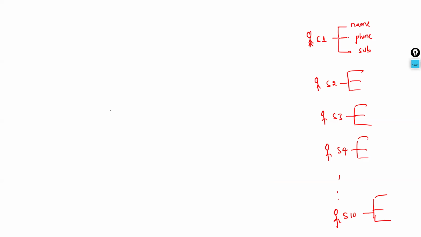First step, for example, to store the first student's name, what will you do? String, variable name itself. Name of the first student, so name1 equals, assume some name, say Mohan. Then phone number, how do you store it? Long, not integer.